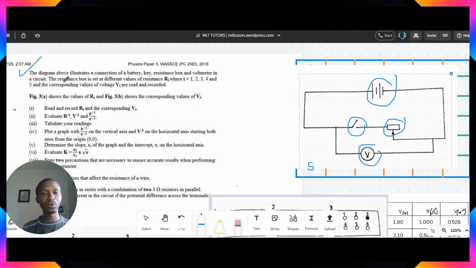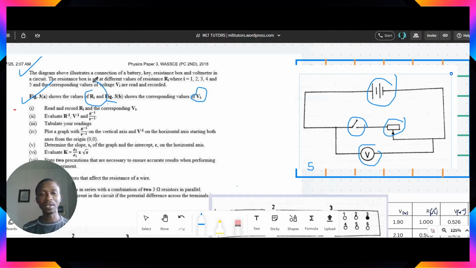The resistance box is set at different values of resistance R subscript i, where i equals 1, 2, 3, 4, and 5, and the corresponding values of the voltage V subscript i are read and recorded. Figure 3A shows the values of resistance, and figure 3B shows the corresponding values of the voltage.